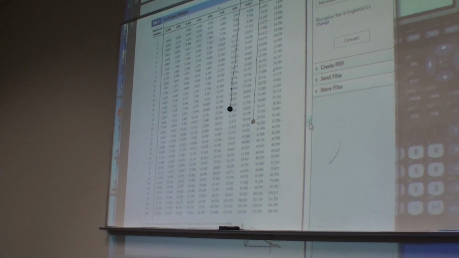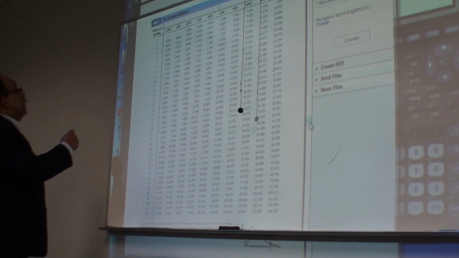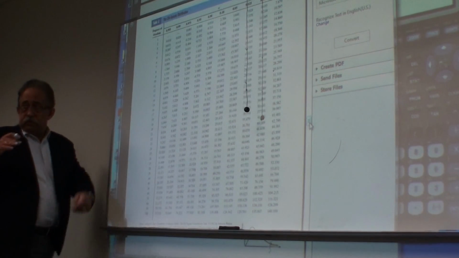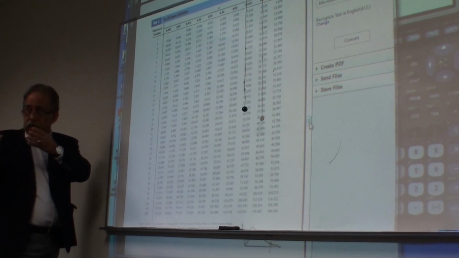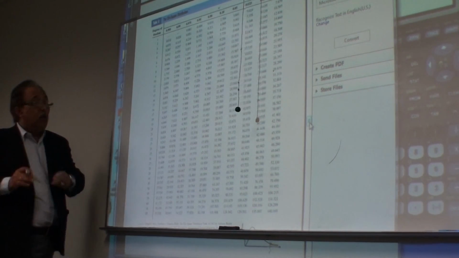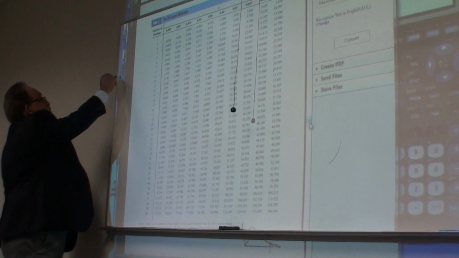Chi-square is for standard deviation, and we're going to do the same thing. Of course, we need to do the word problem, so you need to know how to get the data and how to organize your data.